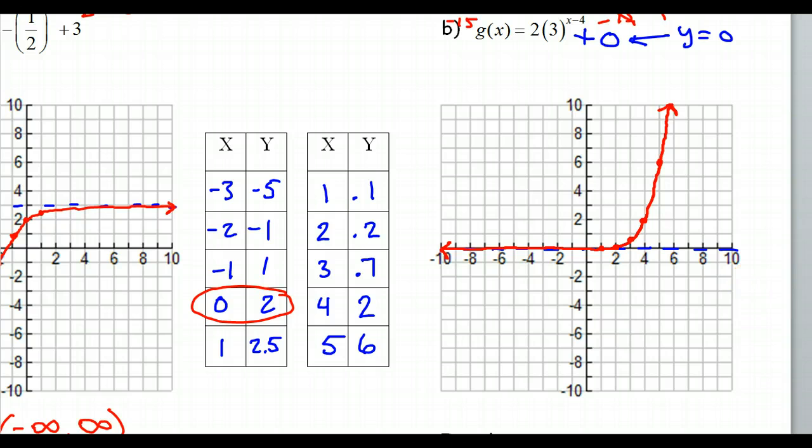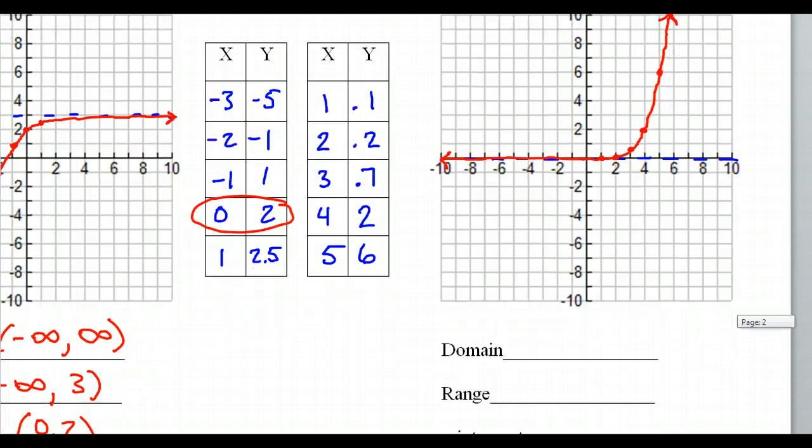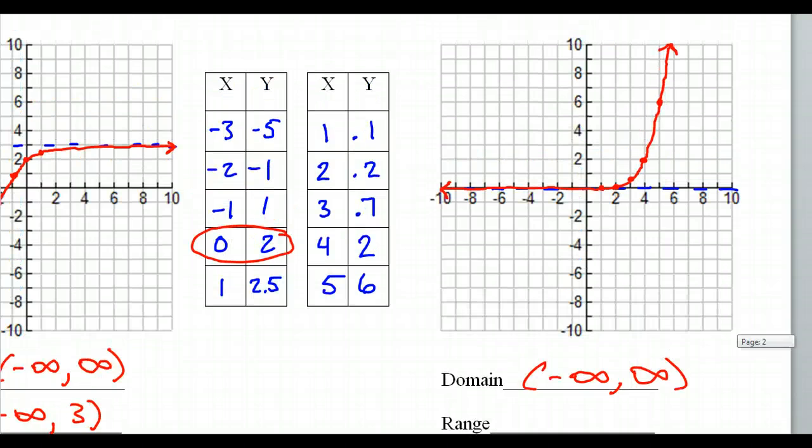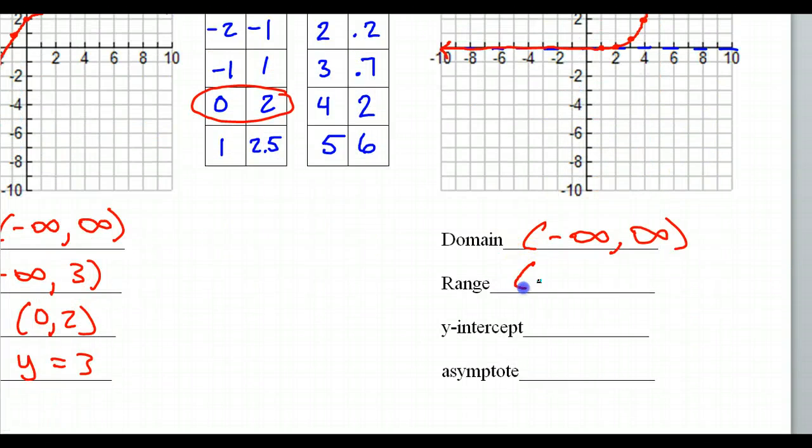Now let's answer the little questions that go with it. The domain, as always, will be negative infinity to positive infinity. The range, always give me the range from bottom to top. This graph has a floor. The asymptote is at 0 itself, but it goes up forever. So 0 to infinity in that order.